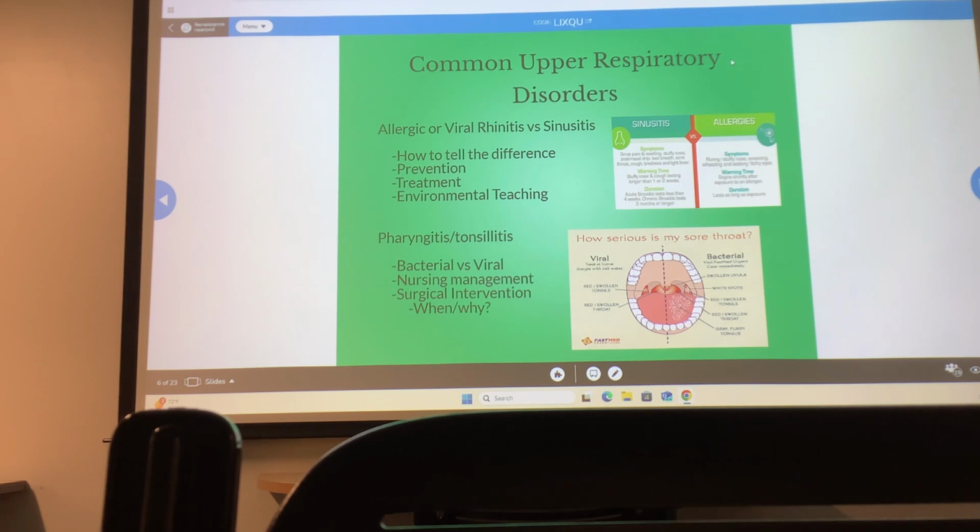rhinitis. How do you tell the difference? What are those signs and symptoms there? Fever, maybe? Okay, fever. Most common with what? With viral? Sometimes. More so with bacterial than viral.